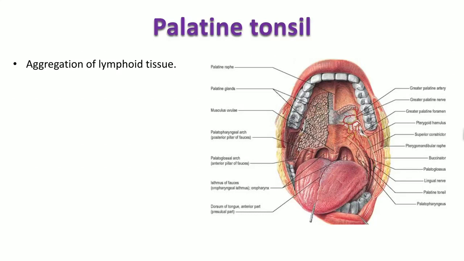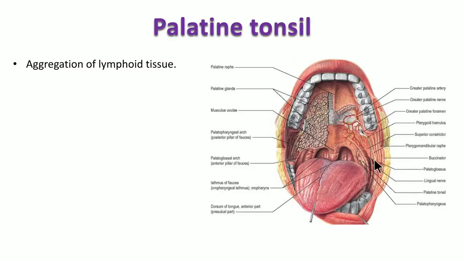Deep to the mucous membrane, you see lymphoid tissue. Then one more natural question arises. In the ileum, deep to the mucosa, we also have an aggregation of lymphoid follicles, which is called the Peyer's patches. But here, what happens?